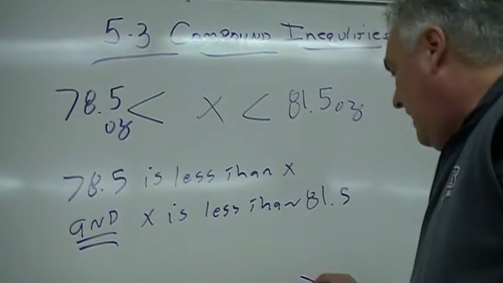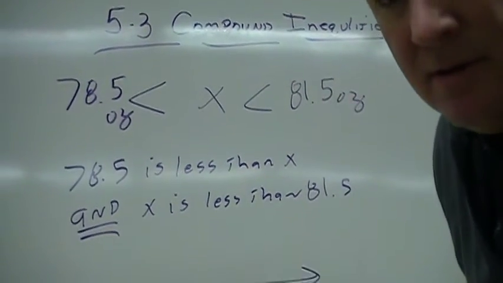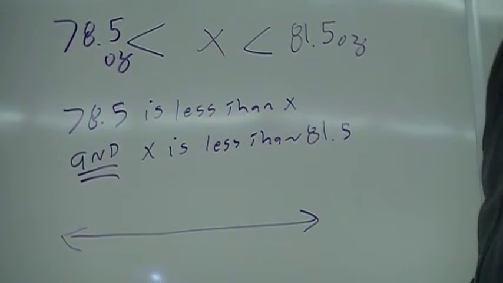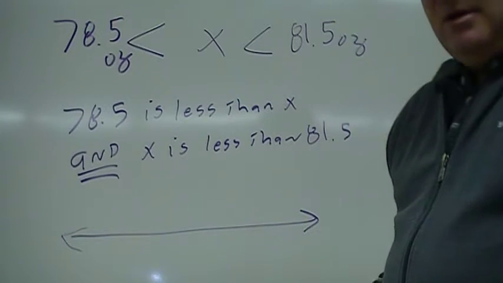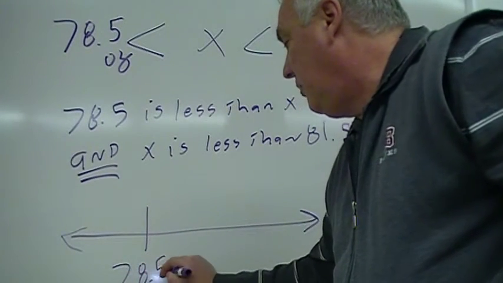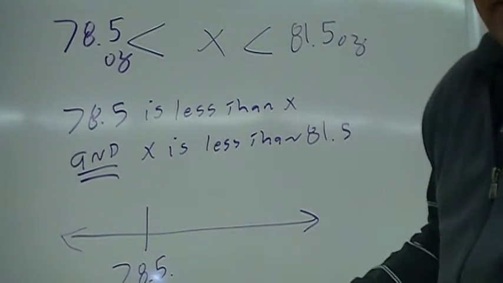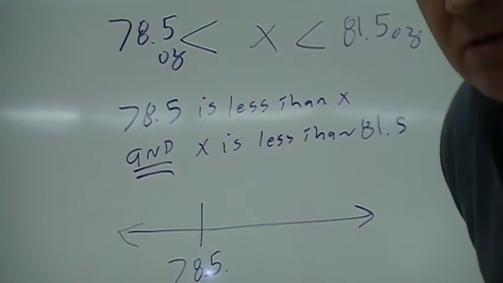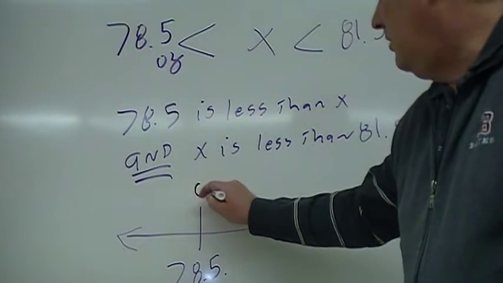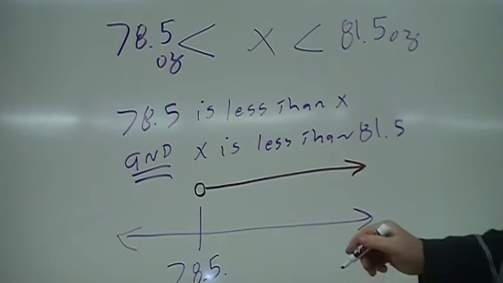And what does a graph look like for that? It's going to look like 78.5. Now, watch what I do here on the graph. It's going to be greater than, so that's an open circle going this way. Everything is greater than that way.